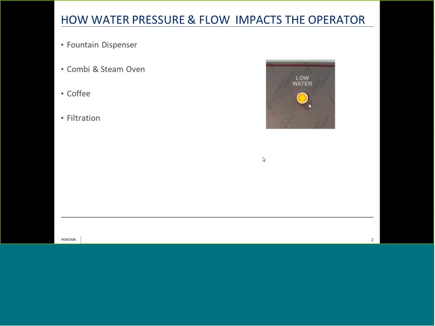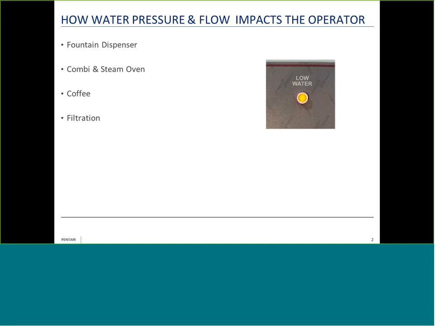And in coffee, that low pressure and flow may not trigger a low water error, but what it's going to do is cause short fills of those pots and dispensers, impacting profitability by not brewing a full cup of coffee, or slowing down the rate at which they're producing coffee, so they're not turning over that product as quickly as they should, which may cause their customers to wait longer than they would normally like.